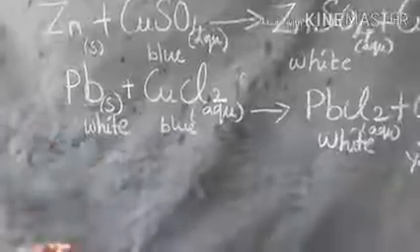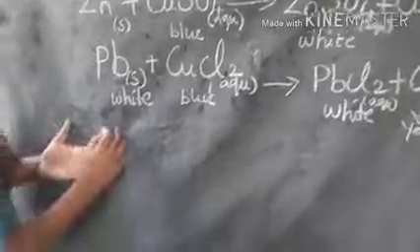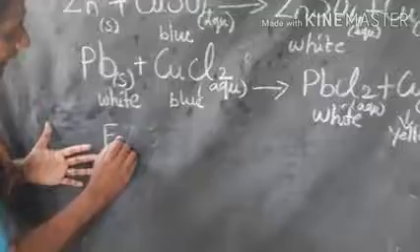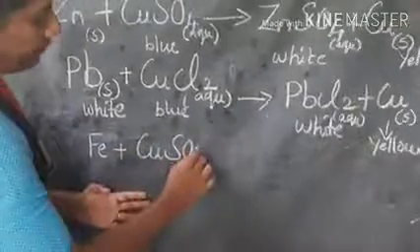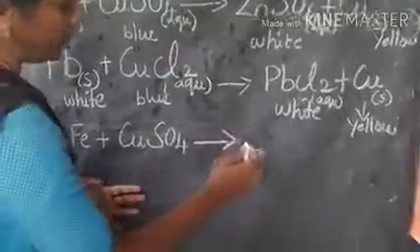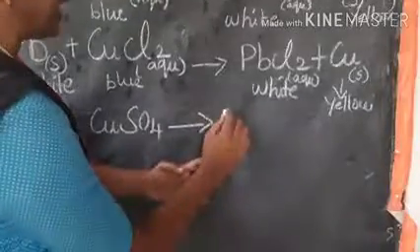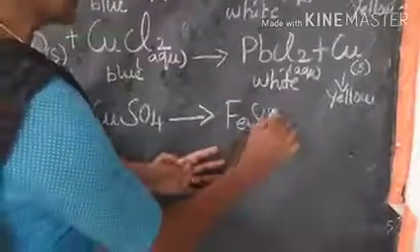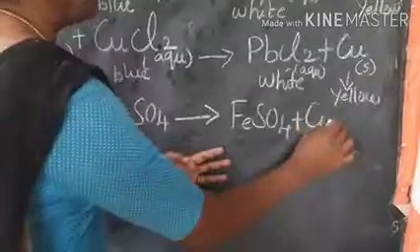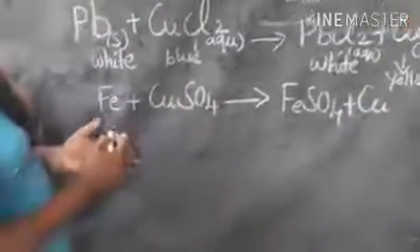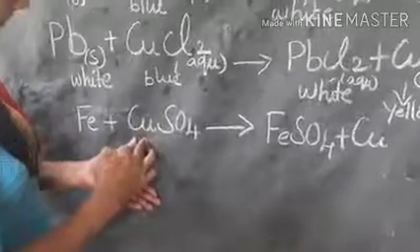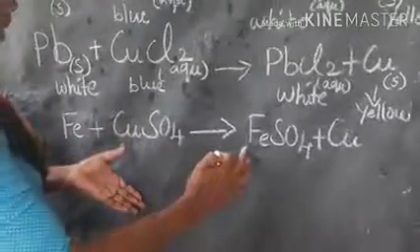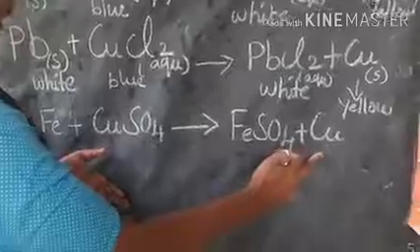The another example, that means when an iron nail is dropped into copper sulfate, here also the displacement reaction takes place. Okay, because iron is more reactive than copper, so it displaces and forms iron sulfate and copper.